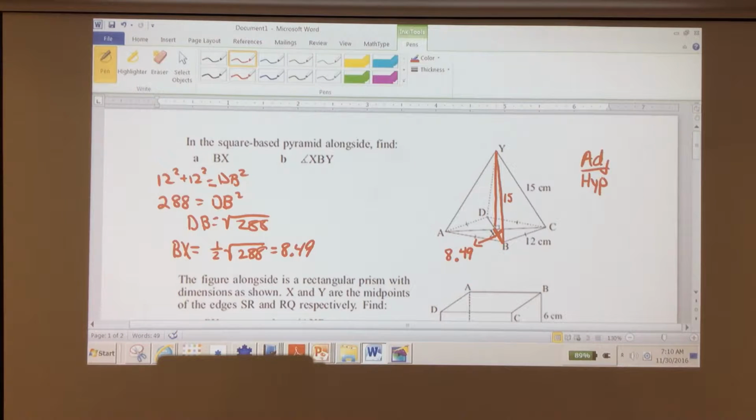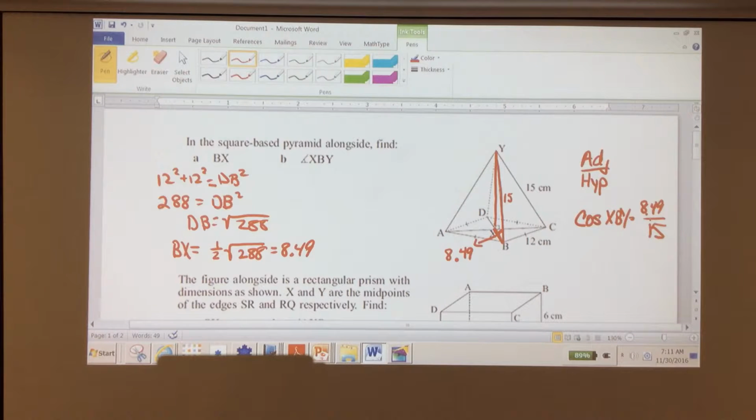So we've got the adjacent over the hypotenuse, which is cosine. So we know that the cosine of angle XBY is equal to adjacent, which is 8.49, over the hypotenuse, which is 15. And you're looking for the angle.